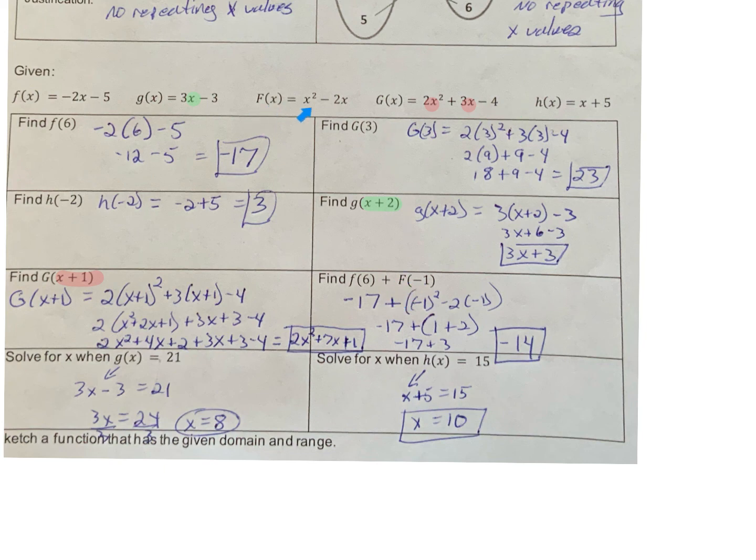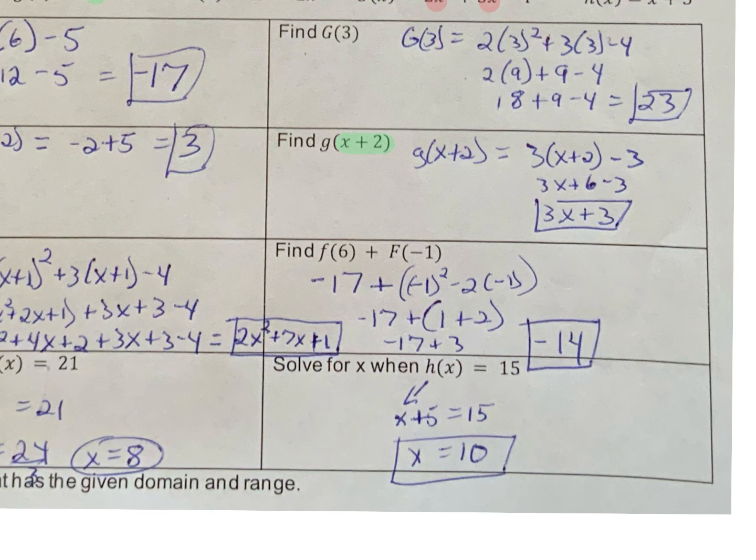So I just plug in negative 1 squared minus 2 times 1. I did all that in parentheses. You can see that here, negative 17 plus negative 1 squared minus 2 times negative 1. And when we work all that out, inside the parentheses, negative 1 squared is 1. Minus 2 times negative 1 is plus 2. So that's negative 17 plus 3, which is negative 14.